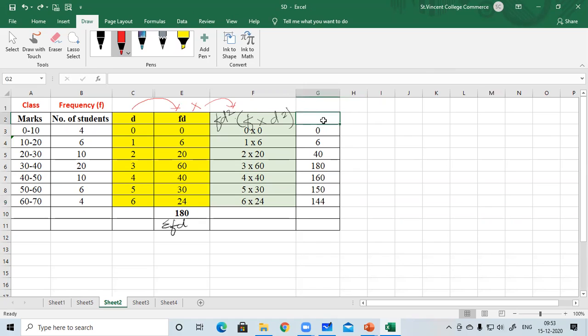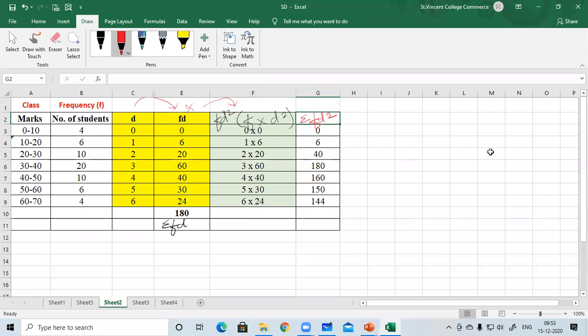Now this column which we get is what we call sigma FD square. So this column is sigma FD square. How did I get sigma FD square? Again, watch. I take D and multiply by FD. When I multiply these two columns, I get FD square.